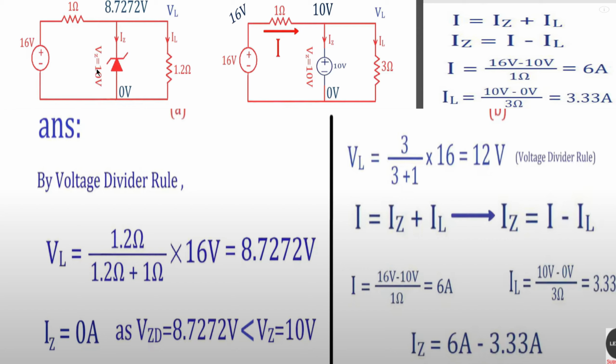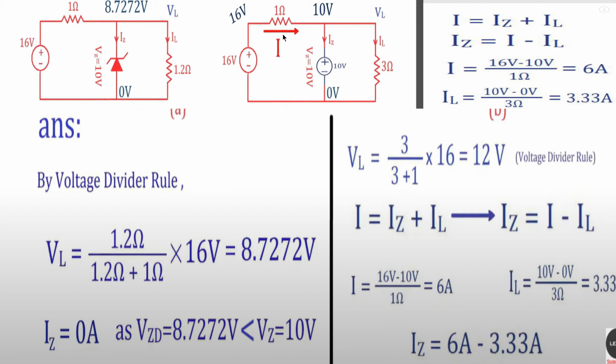When you do the math, VL is 8.727 volt, which is less than 10 volt. 10 volt here is the VZ, the Zener voltage. So the Zener diode is replaced by an open circuit. In this case, with an open circuit, the current value is also 0, it must be.